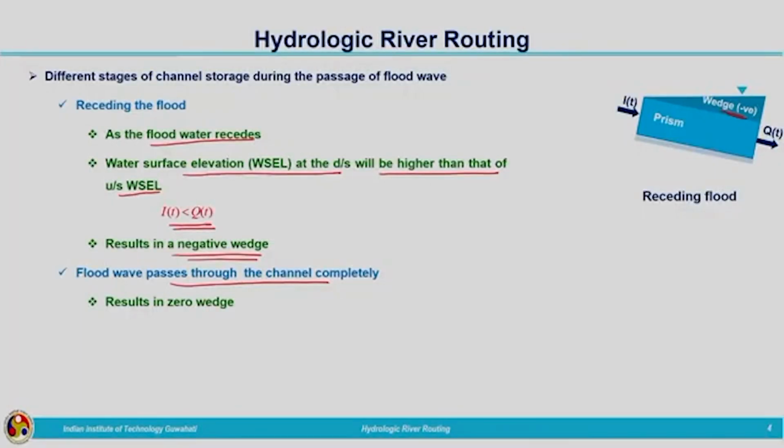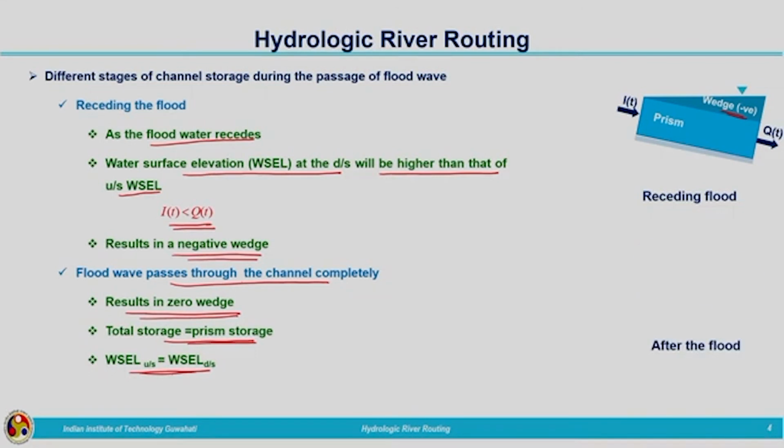That is, all the wedge storages vanish. It results in zero wedge. Total storage will be coming back to prism storage. And at that time, water surface elevation at the upstream and downstream will be same. So, after the flood, we can represent the water surface elevation as we have expressed in the first figure.